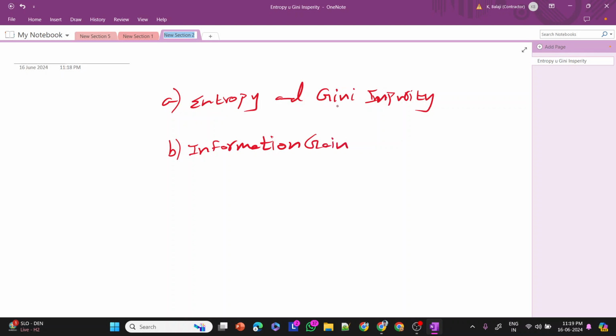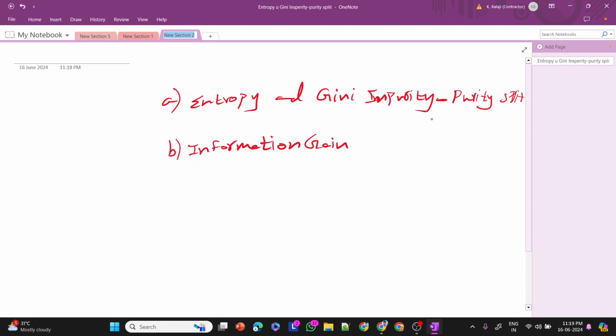The entropy and Gini impurity are used to check whether the node has a pure split. Purity split means whether the node is a pure node or an impure node.